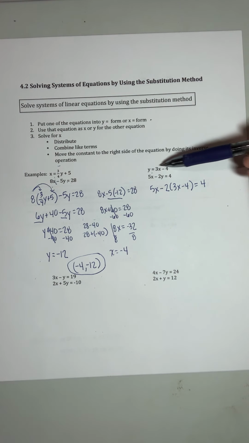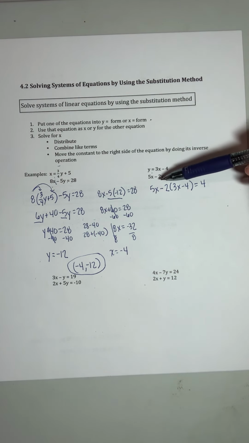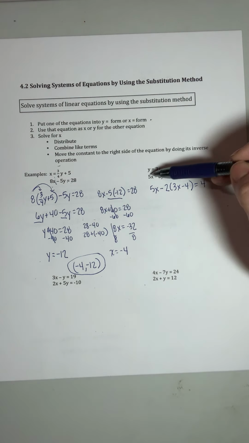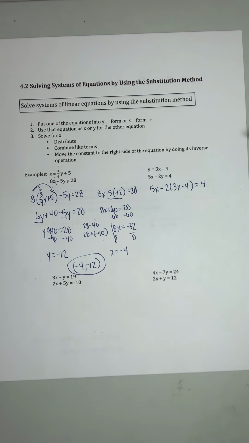Because they told us what y equals in this one, I'm substituting it into this one where I see the y. Because when you do that, you actually eliminate the y and you're only left with one variable, which makes it easier to solve for that one variable. Okay? You can't solve a problem that has both an x and a y in it.